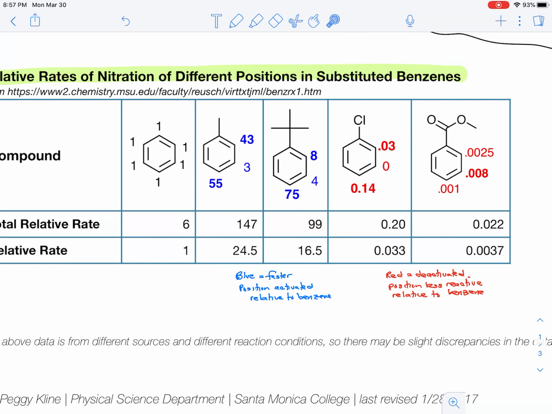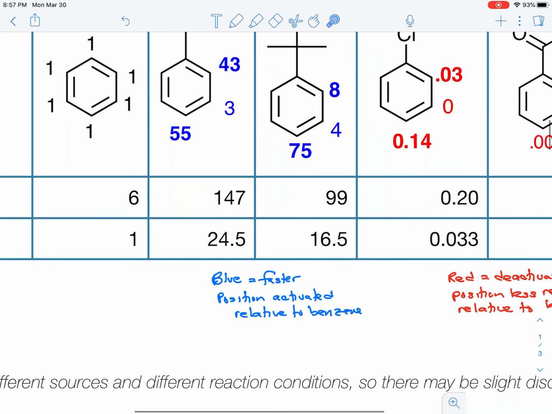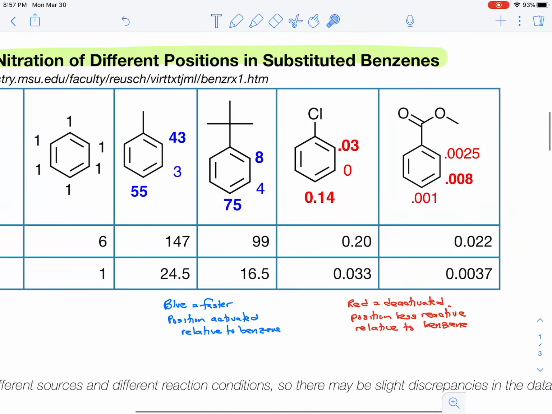The important thing to note is that with these activating groups, which in this case are a methyl group and a tert-butyl group, the ortho and para positions are more activated than the meta position, but even the meta position is more reactive than it is in benzene. So all of the positions of the ring are activated relative to benzene, but the ortho and para positions are activated more.